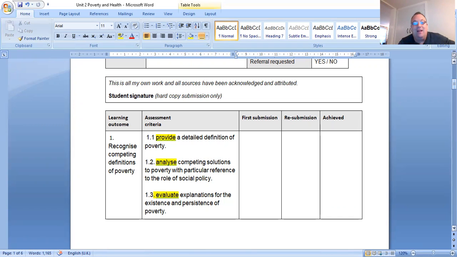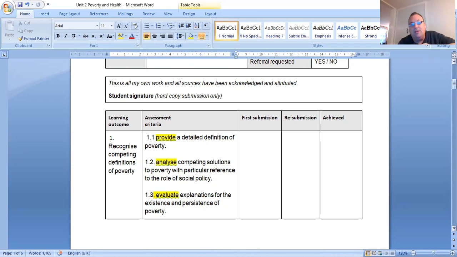1.2, the next 1.3 is evaluate, explanations for the existence and persistence of poverty. So the difference here is analyze is looking break down, going into detail, evaluate is the compare and contrast. Here, again, we're looking at the same combinations, because those that say the solutions to poverty are all very much linked to the explanations why it exists and persists.